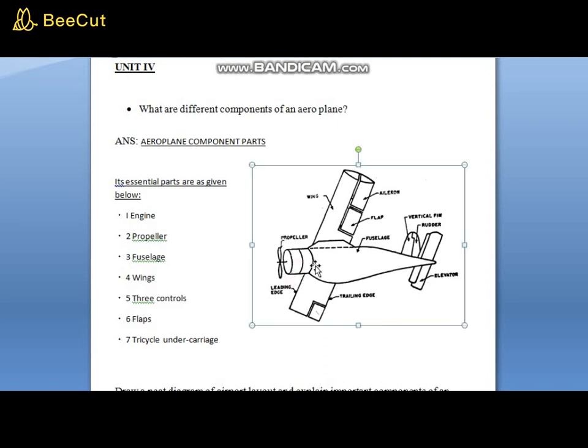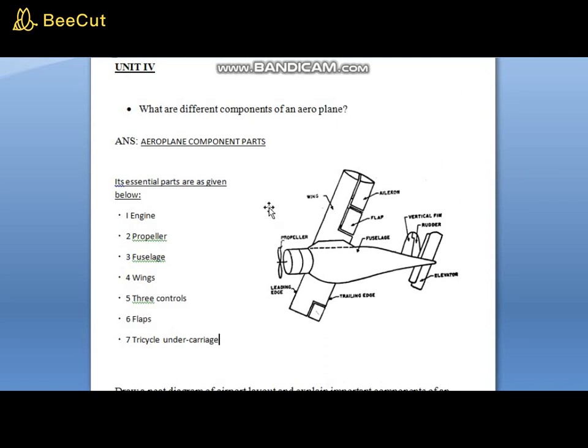For 5 marks, the diagram must be drawn. If it's for 2 or 3 marks, the diagram can be avoided, but for 5 marks the complete diagram has to be drawn. Engine, propeller, fuselage, wings, three controls, flap, tricycle undercarriage.